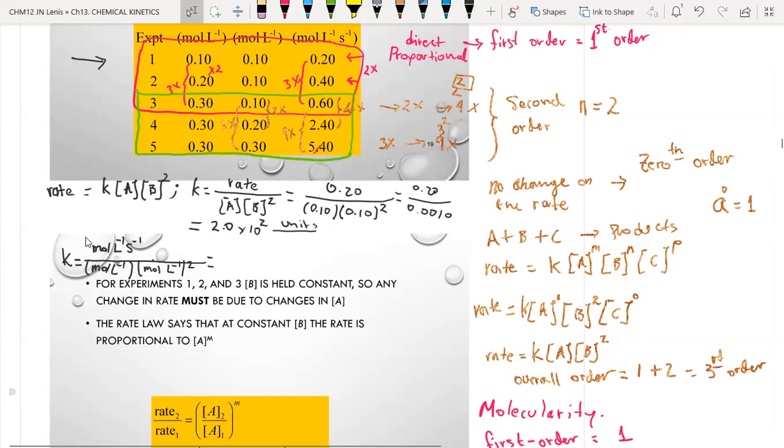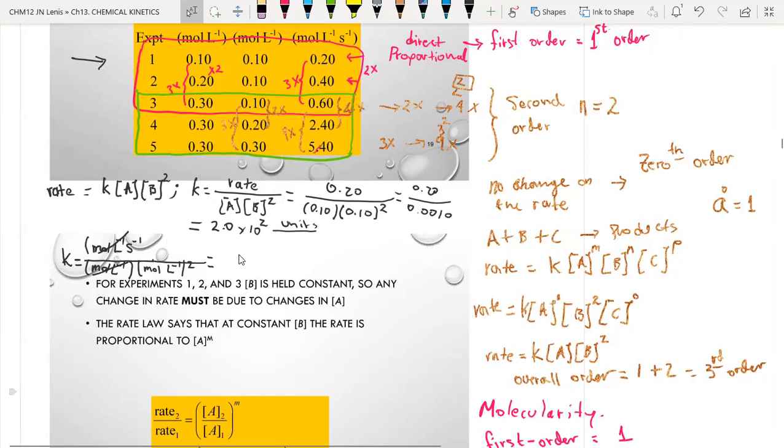Look, this term here is the same, moles liters to the -1, as this moles liters to the -1, so we can cancel this part of the expression with this one.